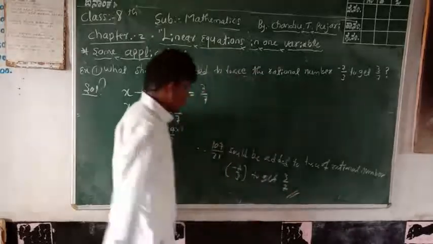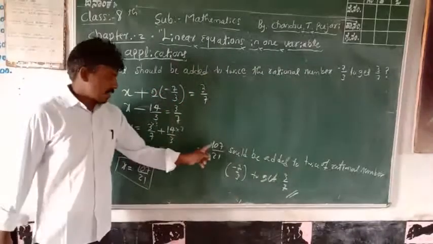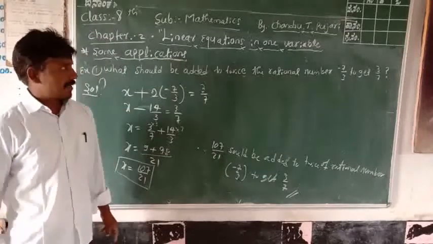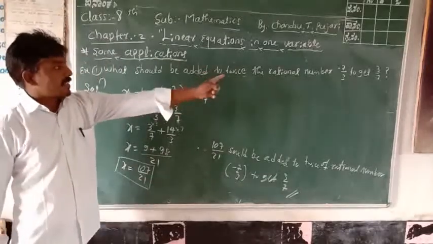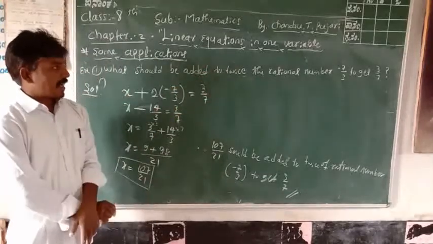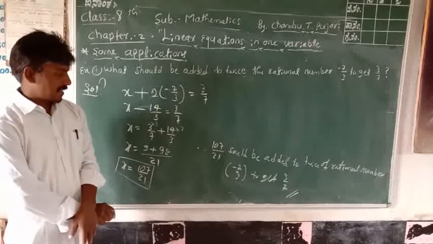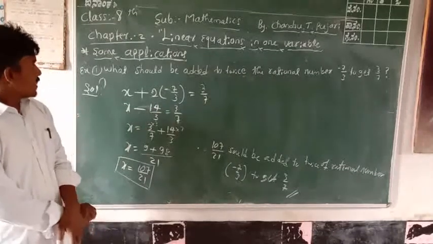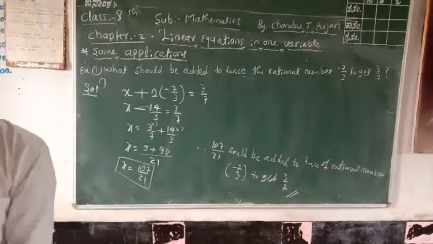This is our answer. 107 over 21 should be added to the given twice of minus 7 by 3, and we get 3 by 7. Got it? Next, the second example.